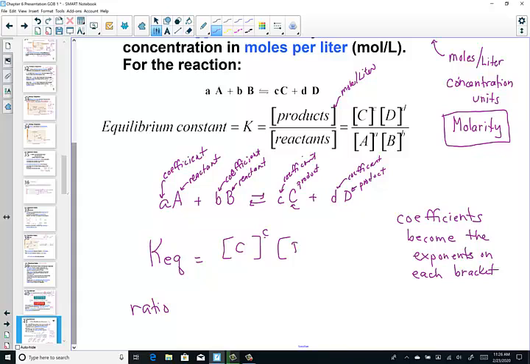Here is the product D, capital D for the product, raised to its coefficient lowercase d. Products over reactants. The next reactant would be A raised to its coefficient, and the reactant B raised to its coefficient. This is known as an equilibrium expression.